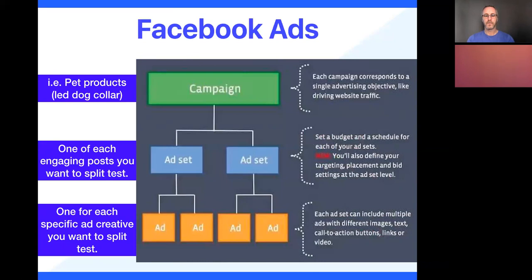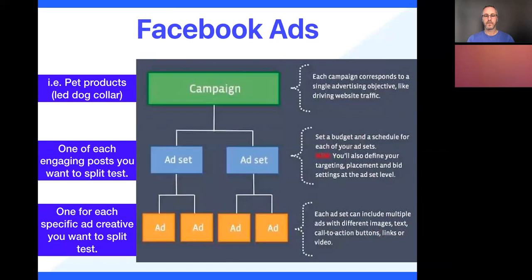So next is the ad sets. Here you set a budget and schedule for each of your ad sets, and you also define the audience you want to reach: your audience targeting, placements, and bid settings at the ad set level.